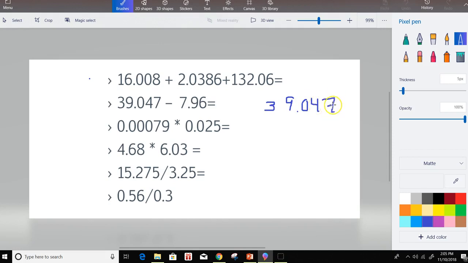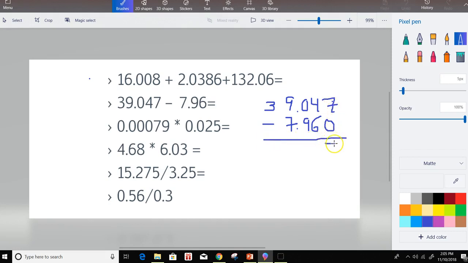For subtraction, you always want to make sure that you put the biggest number on the top. It will be much easier for you to be able to do things. And remember, we always have to align the decimal point, 7.96. We're going to put a 0 here just to make sure that we keep the value in place.